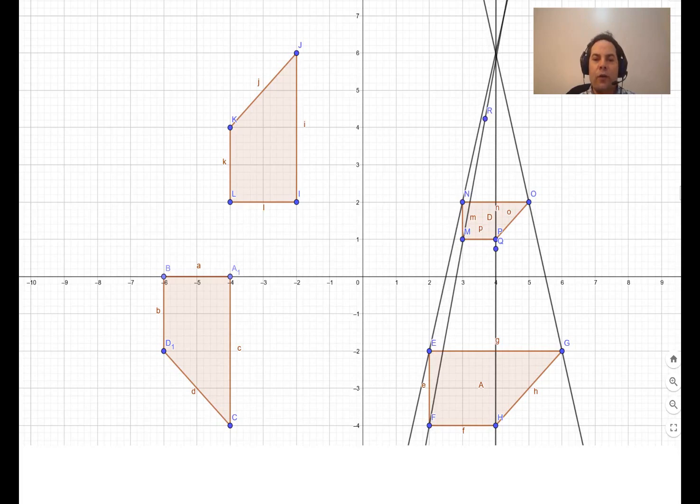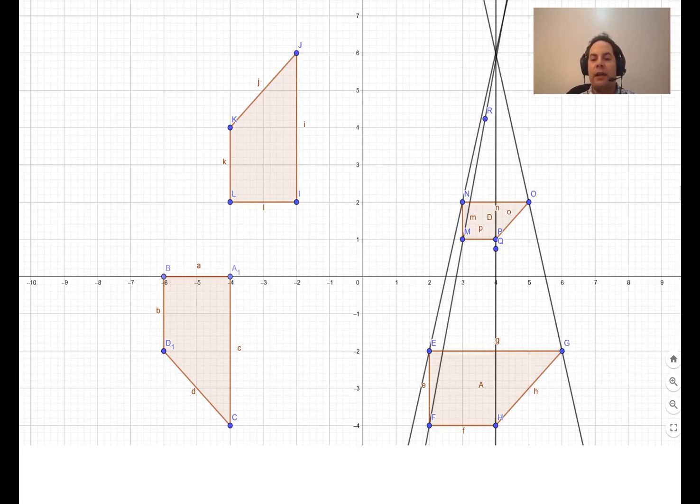It's (4, 6). So the enlargement has center (4, 6). What about the scale factor? The scale factor is the length of the image over the length of the object. It's written A to D, so find the length from D over the length from A. If this length is 1 and its corresponding is 2, the scale factor is 1 over 2.